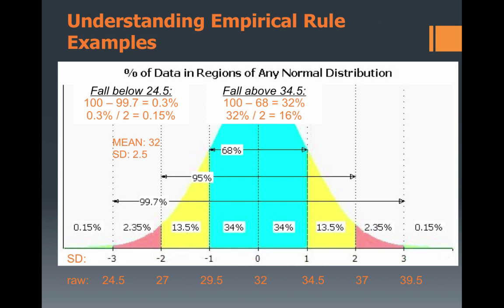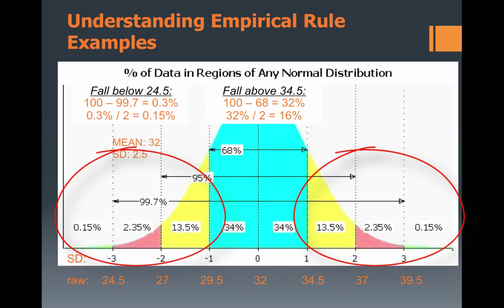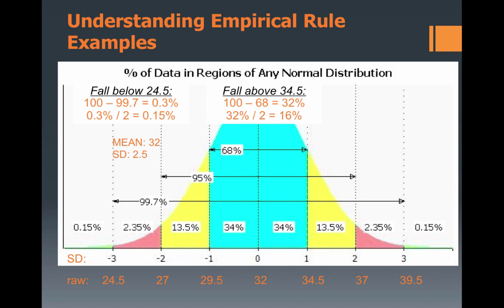If we do 100 minus 68%, we have 32%. That remaining 32% makes up 2 tails, and since we only want scores above 34.5, we cut that in half. So 16% of all scores fall above 34.5.